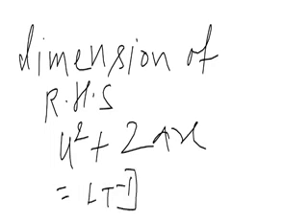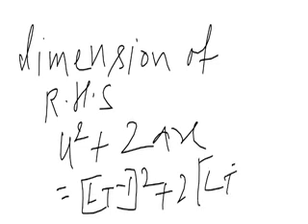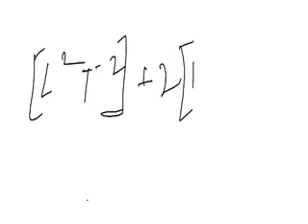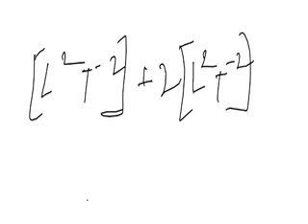So we have U square, which we can write as LT to the power minus 1, squared, plus 2 and L T to the power minus 2 and L. So LT to the power minus 1 to power 2, and the next term is L square T to the power minus 2, right? Plus 2, and we have L square T to the power minus 2, it becomes 3 L square T to the power minus 2.